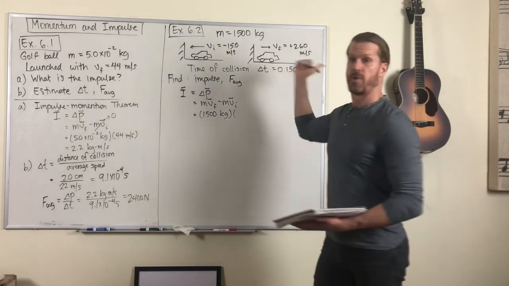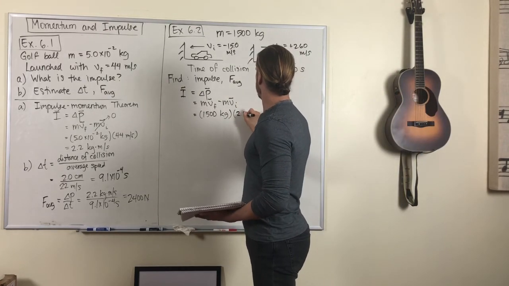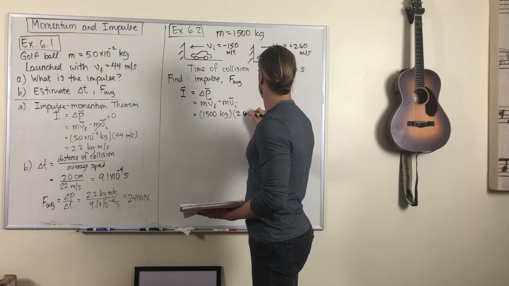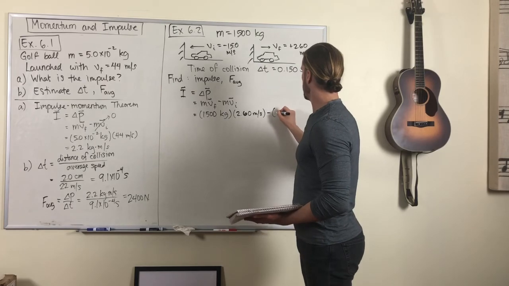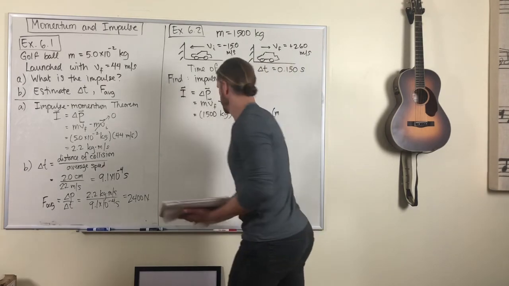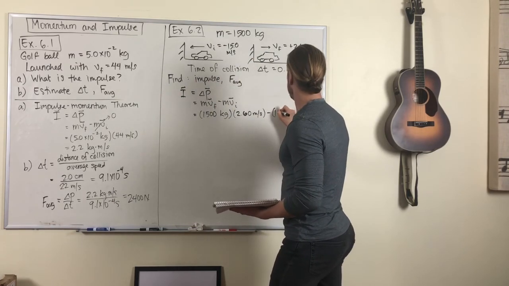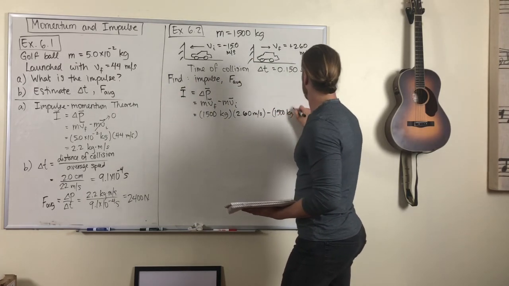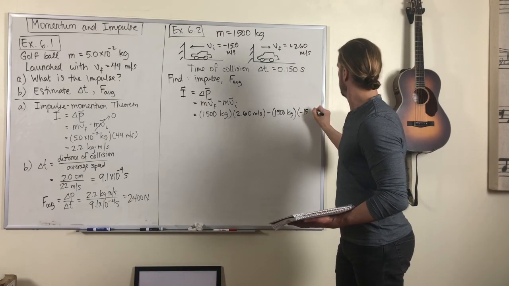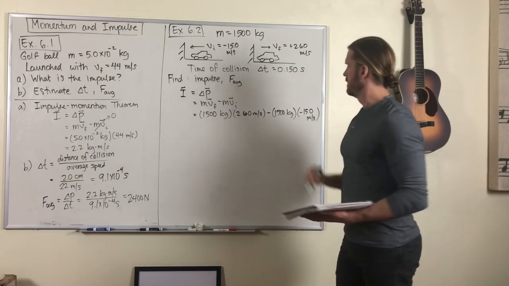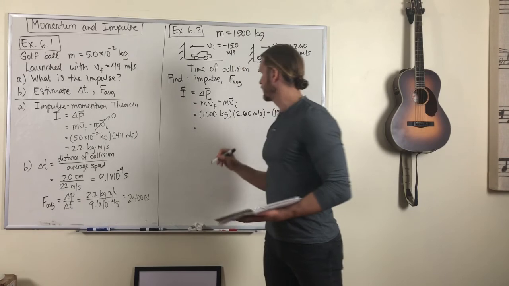V final is positive, the car has rebounded and is going to the right. So we have positive 2.6 meters per second. And then we subtract the initial momentum, keeping in mind that the initial momentum is negative. So we get two negative signs, they end up giving us a positive number.